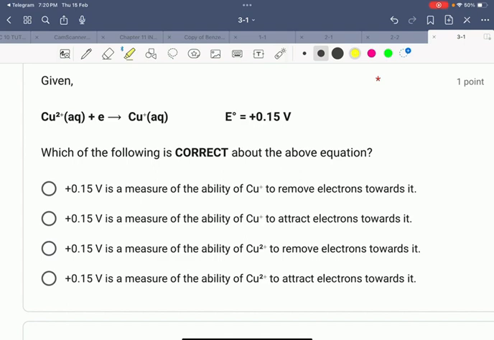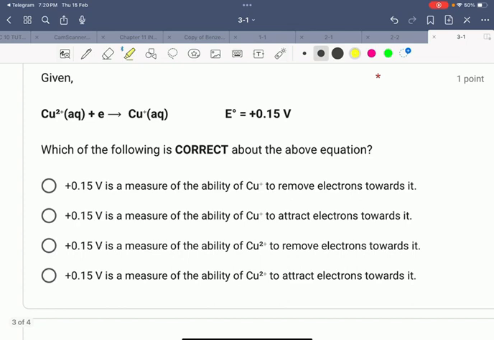For the above equation, 0.15 volt shows that the copper ion attracts the electron, or receives the electron towards it. So the best answer is option number 4. 0.15 volt is a measure of the ability of copper 2 plus ion to attract the electron towards it.